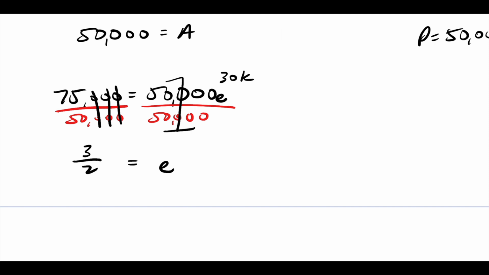Oops, I forgot the e. Okay. Natural log, this is our base. That's what it's going to be equal to. It's going to be natural log of 3/2 equals 30k.